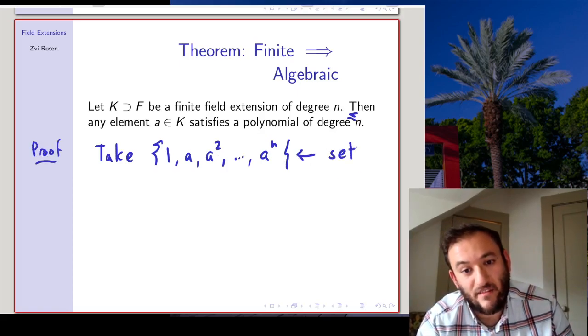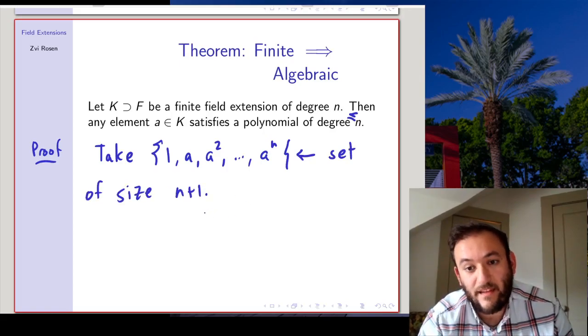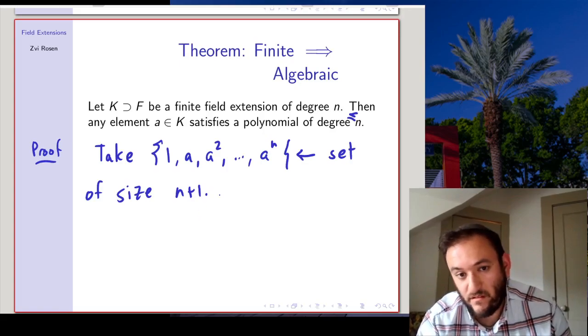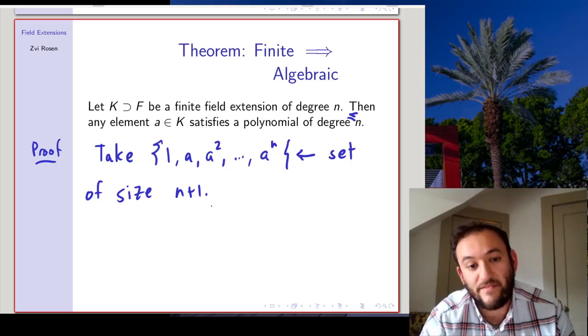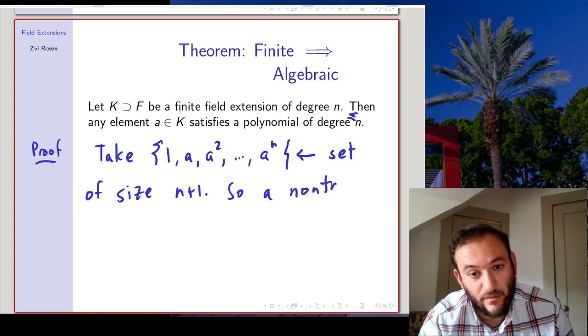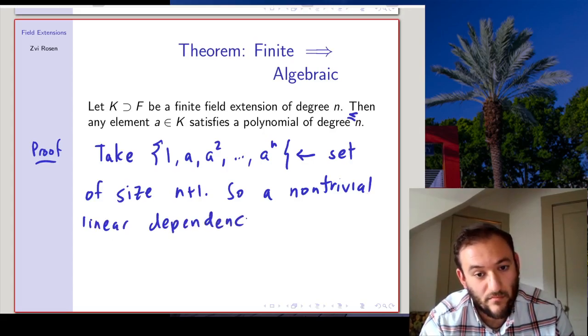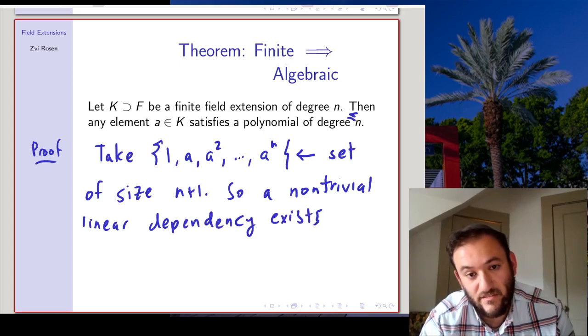This is a set of size n plus 1, which means that by virtue of the dimension of the field extension, this has to have some linear relation. A non-trivial linear relation exists. And that gives it to us.